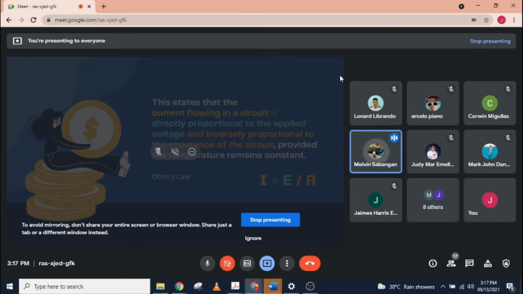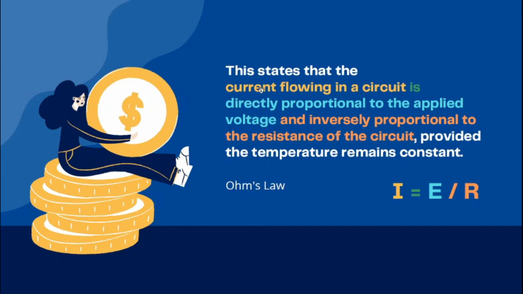One, sir. Current, resistance, and electromotive force. Okay, current, resistance, and electromotive force, or what we call the voltage.